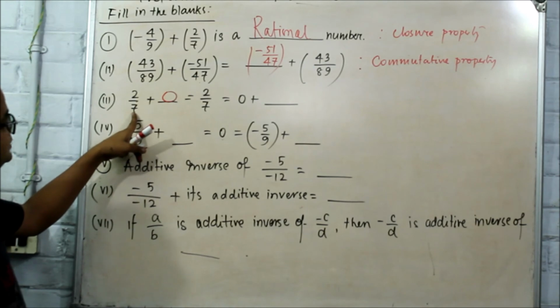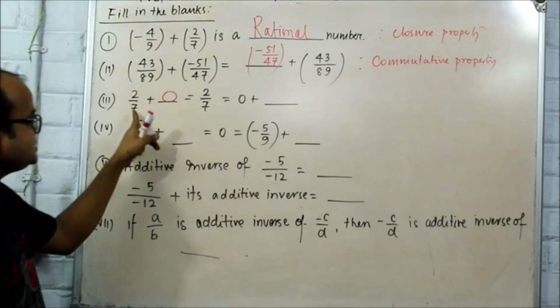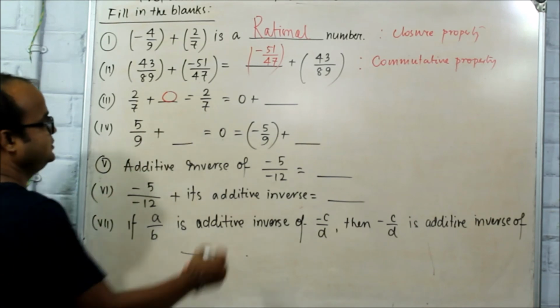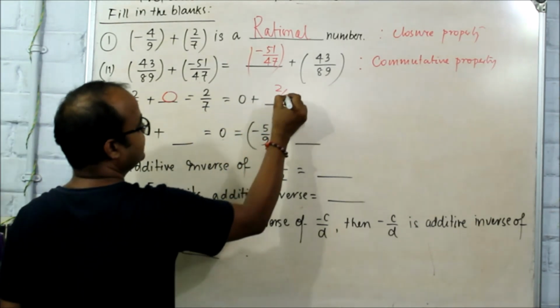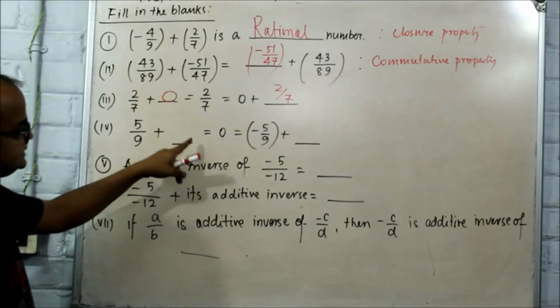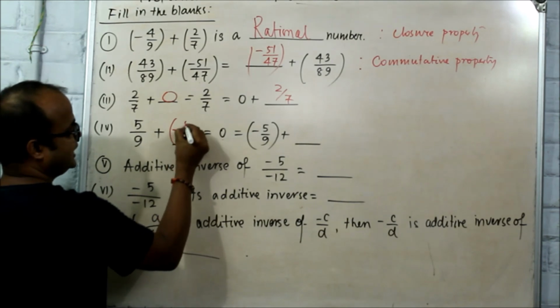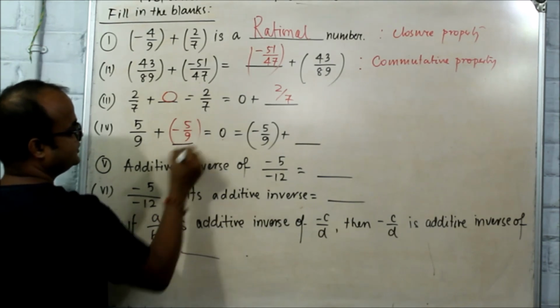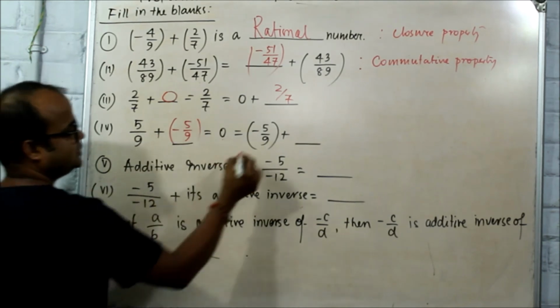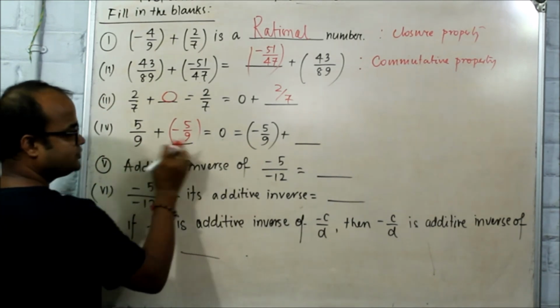A rational number added with additive identity, the result is that particular rational number. So 0 plus 2 by 7. A number added with its inverse, the result will be 0. So here number added with its inverse. Inverse means negative of a number. And these two numbers are said to be inverse of each other.